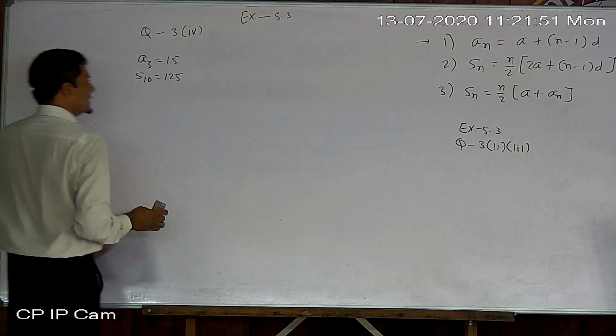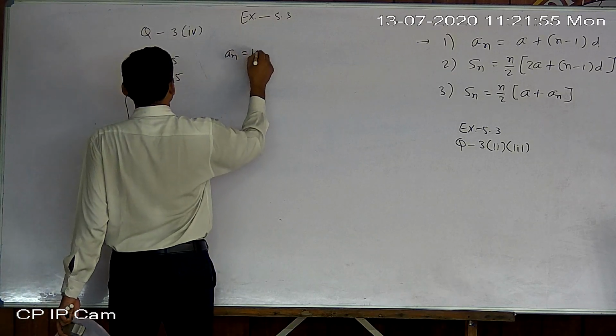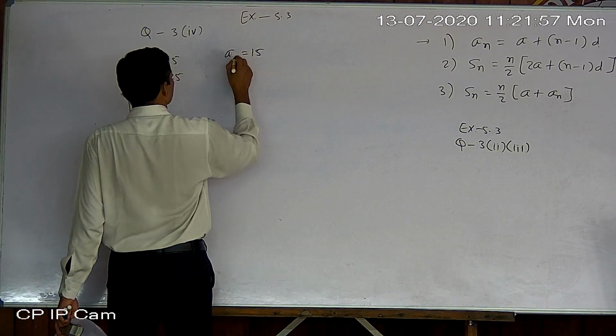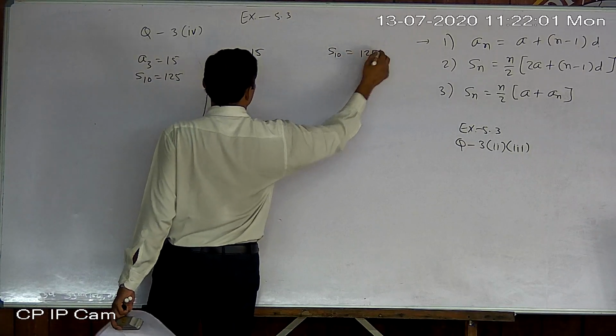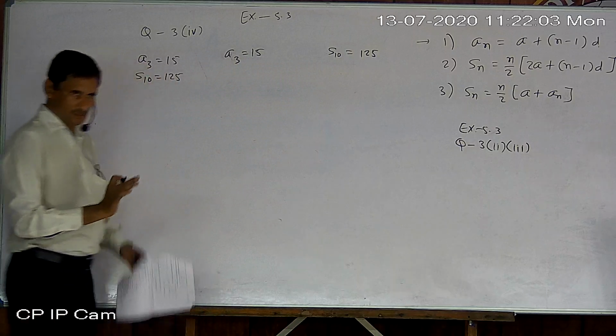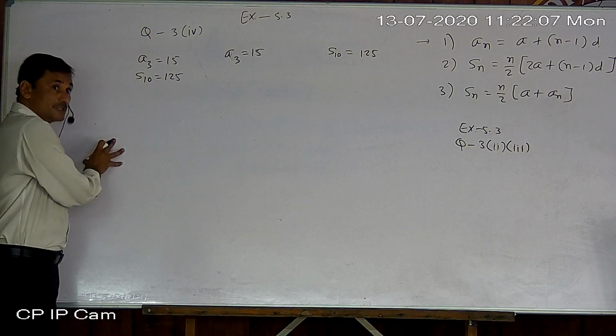So first of all write this: a3 equal to 15 and S10 equal to 125. Here the n are not equal, they are different. That's why these types of cases are possible.